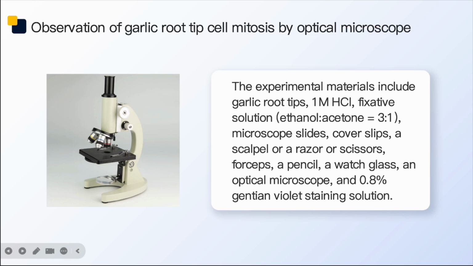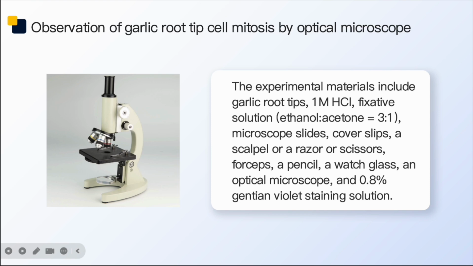Then use forceps to select 4 to 5 roots and place them in a watch glass. Then add 4 to 5 drops of 1 mol hydrochloric acid and let the root tips soak in the acid for 5 minutes. Then we gently rinse them 2 to 3 times with clean water.